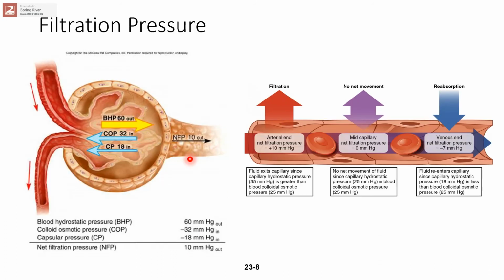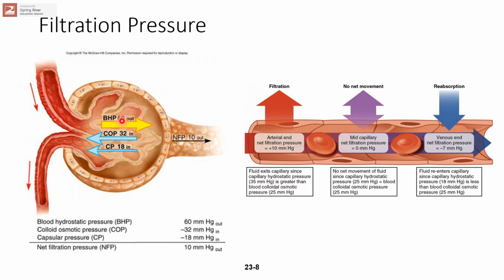So in this slide, just make sure you focus on net filtration pressure and how you get the net filtration pressure. So there are a lot of forces acting in the Bowman's capsule. You have the blood pressure, then over here a lot of colloids are stuck at the pores, they cannot pass through.